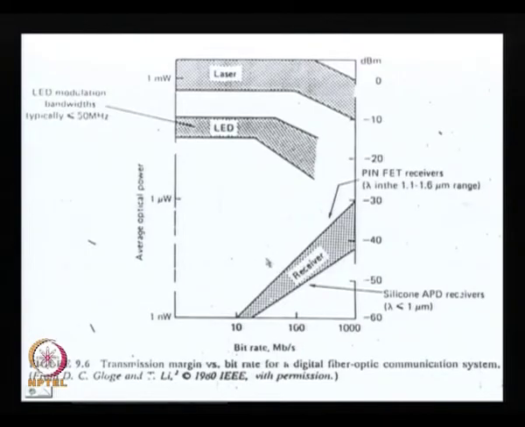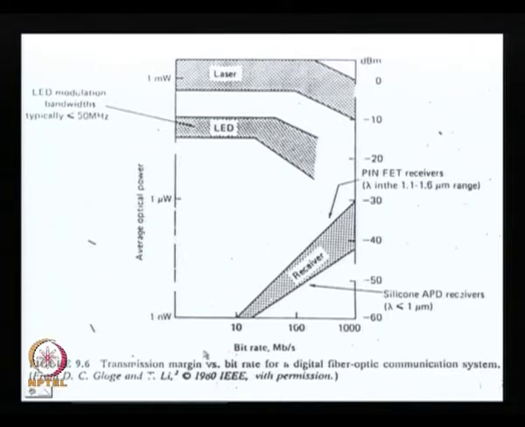So, the first step now is to choose the source on the transmitter side. Here we are seeing the optical power which you can get for different sources like LEDs or lasers.